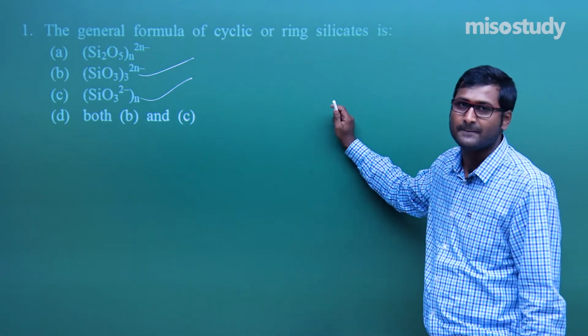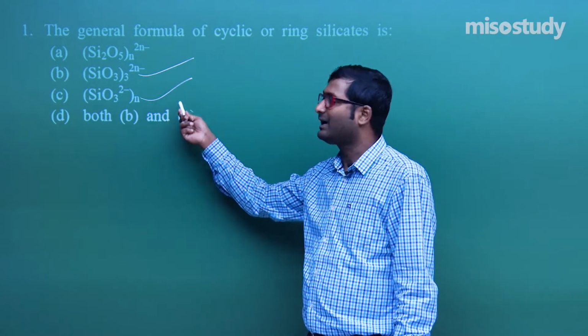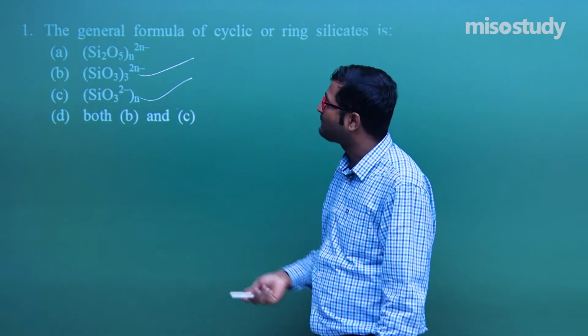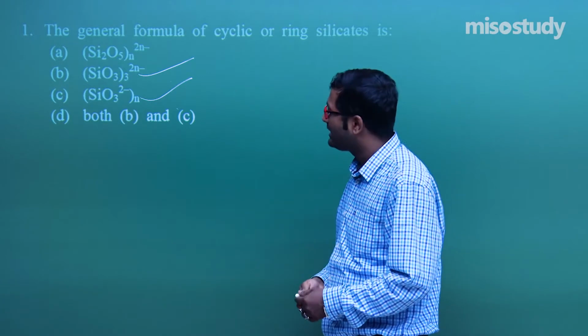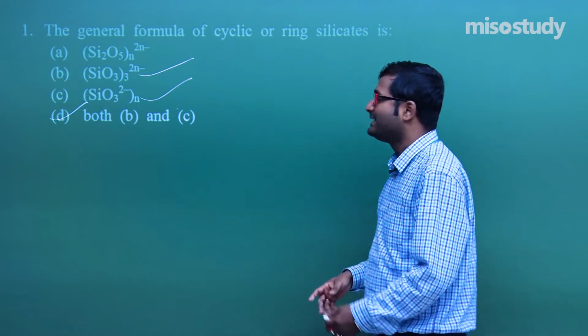Do you remember this? So for this, B and C is the correct form. So check out the option A, B, C and D. So you can say D is the correct option, both B and C.